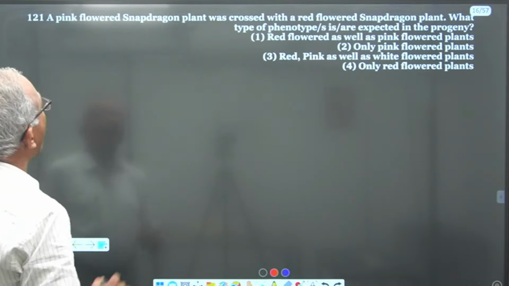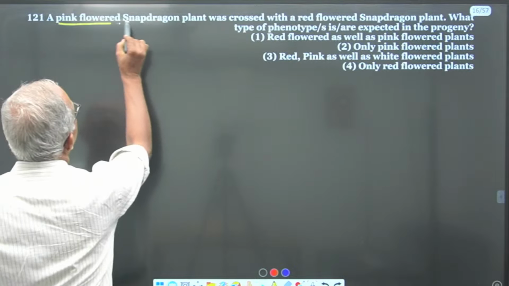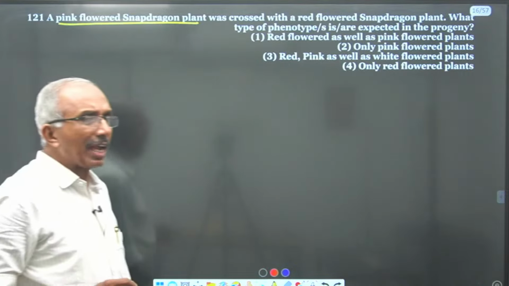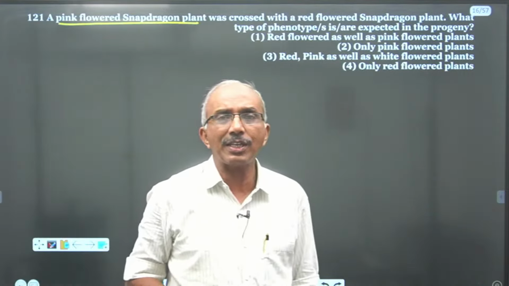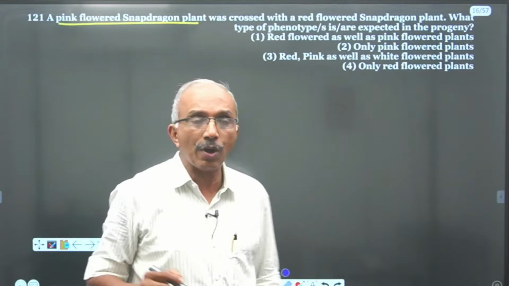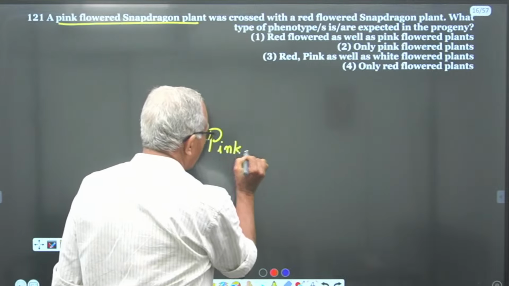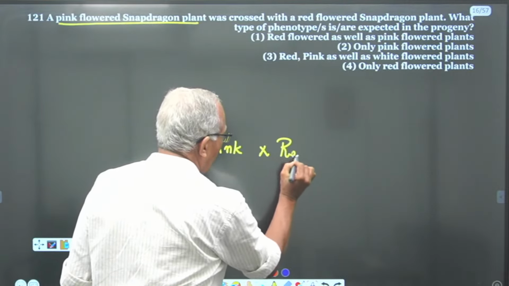A pink flowered snapdragon plant was crossed with a red flowered snapdragon plant. Snapdragon is given in NCERT as an example of incomplete dominance. So pink is crossed with red.